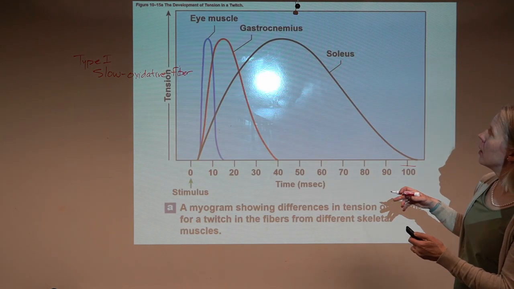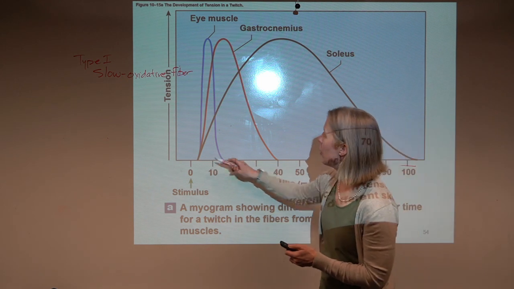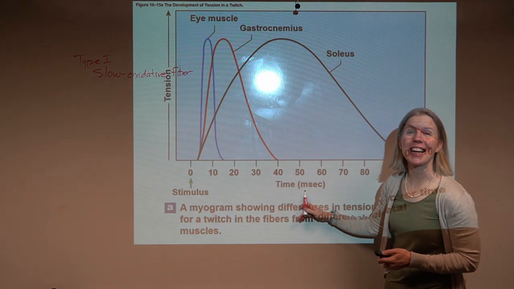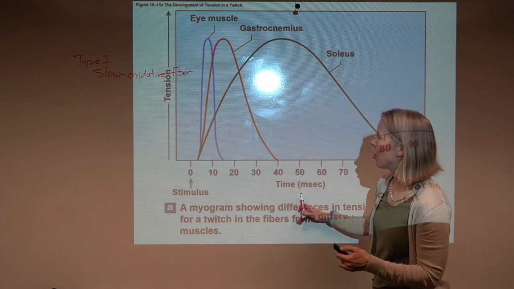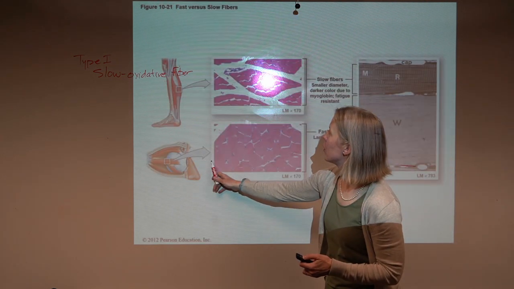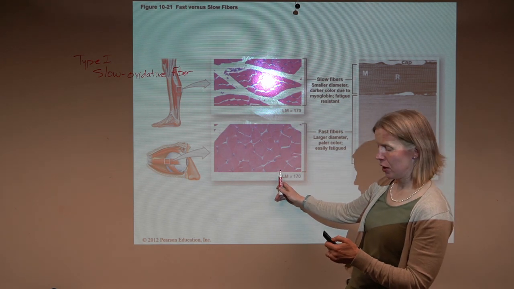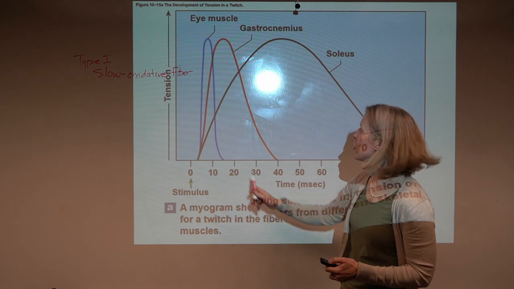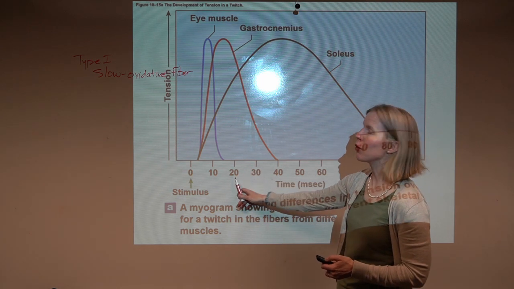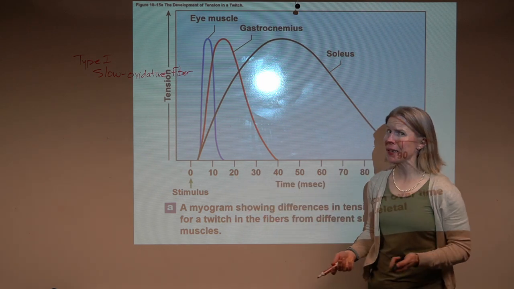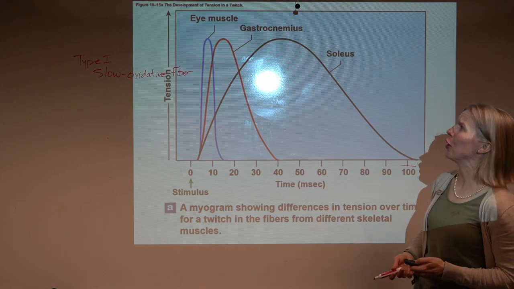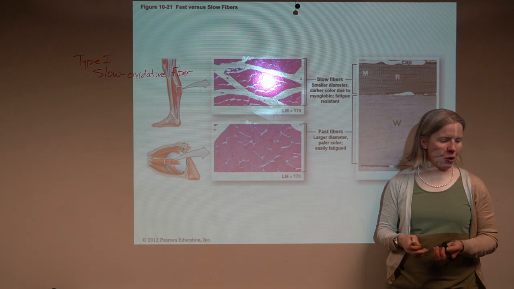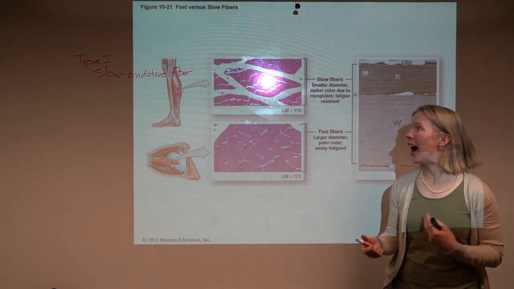Meaning, like the gastroc here, to get a twitch takes more like 20 milliseconds, where our eye muscle that they're showing you here as our fast twitch is only taking 7 or 8, right? So we call the gastroc a slow twitch muscle, but 20 milliseconds, I think is pretty good. It seems mean to talk about that way. Anyway, so these slow oxidative fibers, they have high endurance.